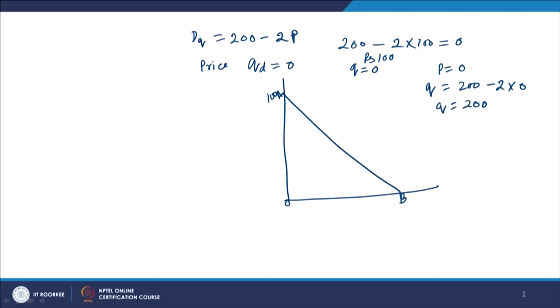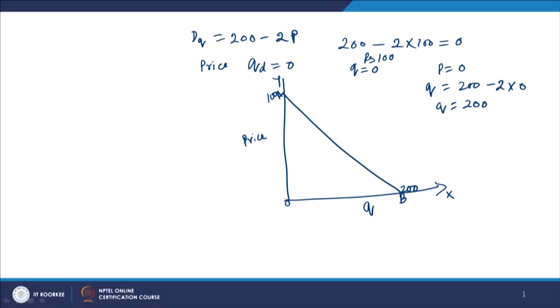Okay. So, these are the two things: when price is 0, quantity demanded Q, which we are measuring on the x axis, is the maximum 200, and price of the product we are measuring on the y axis. When the market price is 100, Q is 0.